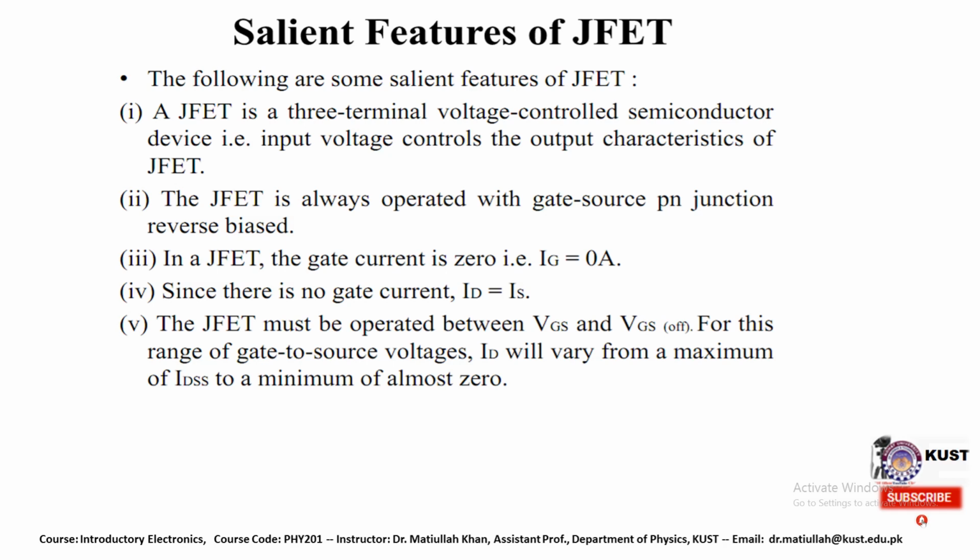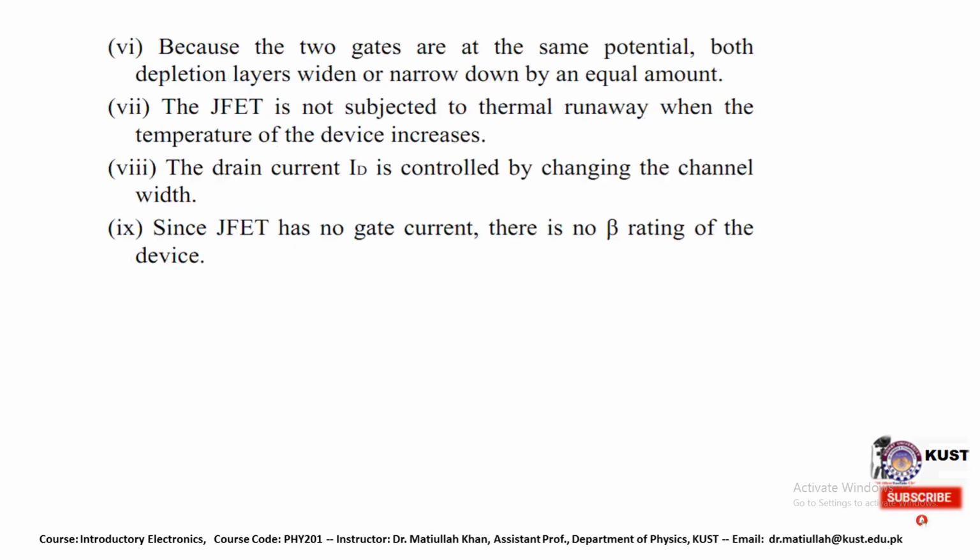Since there is no gate current, the junction field effect transistor must be operated between VGS and VGS off. For this range of gate to source voltage, ID will vary from a maximum of IDSS to almost 0. Another feature is that the two gates are at the same potential, so both depletion layers widen or narrow down by an equal amount.